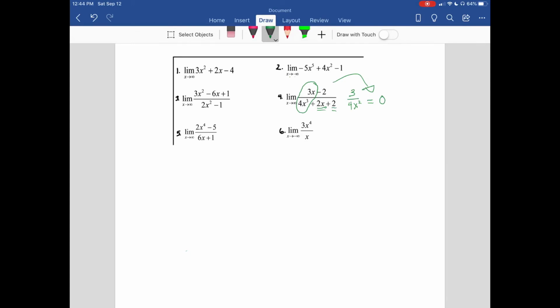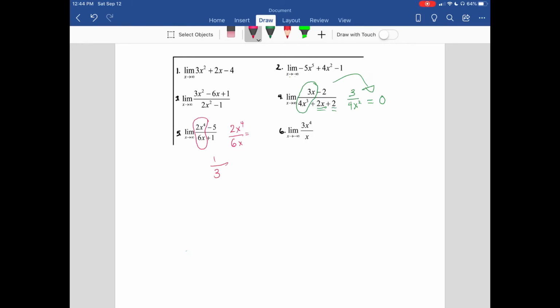Now, in keeping with that same idea, that's going to help us with question 5. The limit as x approaches infinity of this expression. Now, again, as my x grows and grows, these two are the dominant terms in that expression, which means this is going to take on the appearance of 2x to the 4th over 6x, which I can then clean up. 2 over 6 is 1 over 3.